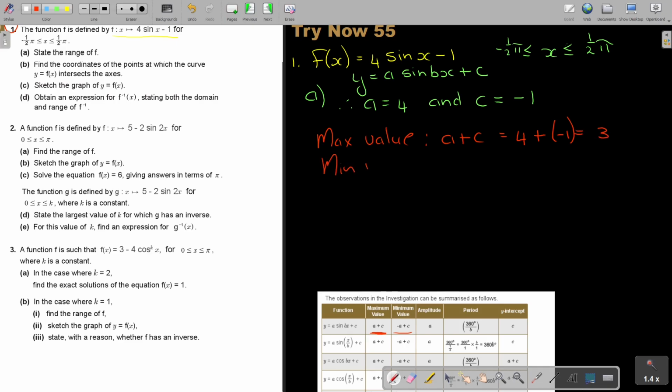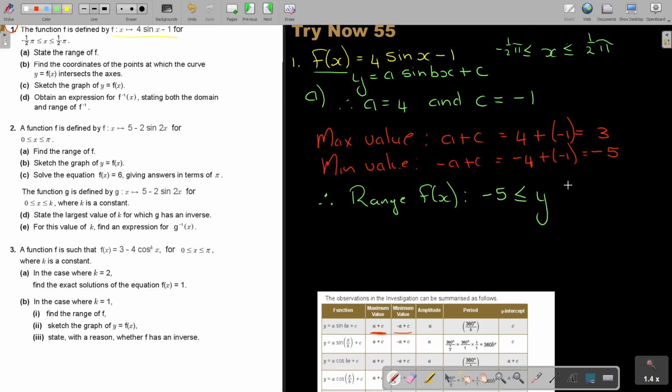And the minimum value is going to be negative A plus C, and that is going to be negative 4 plus negative 1, and that is going to be negative 5. So therefore the range of f(x), because we're going to work with inverse also, is y is bigger than or equal to the smallest one, and smaller than or equal to the biggest one. Okay, and that is going to be my range.